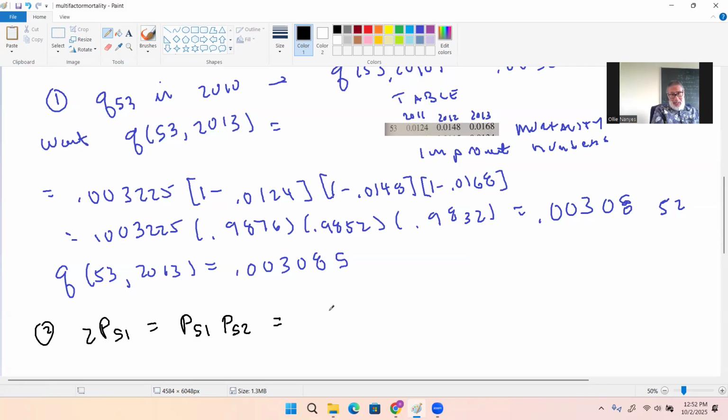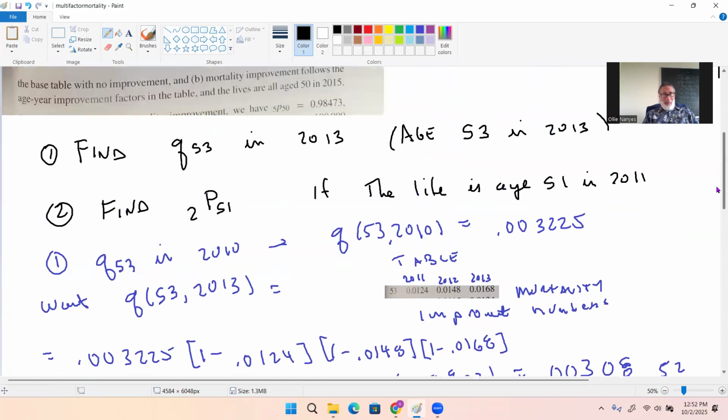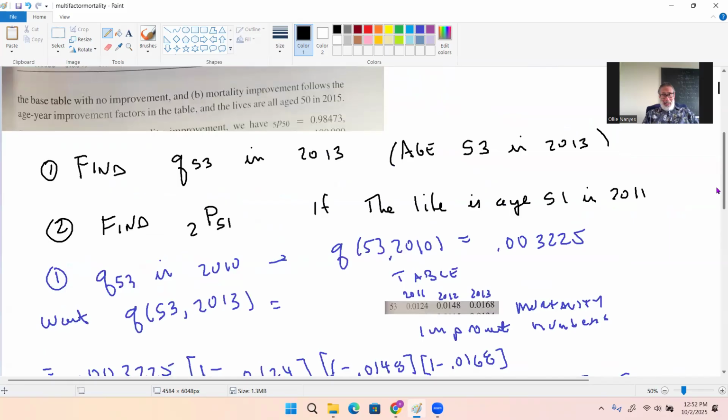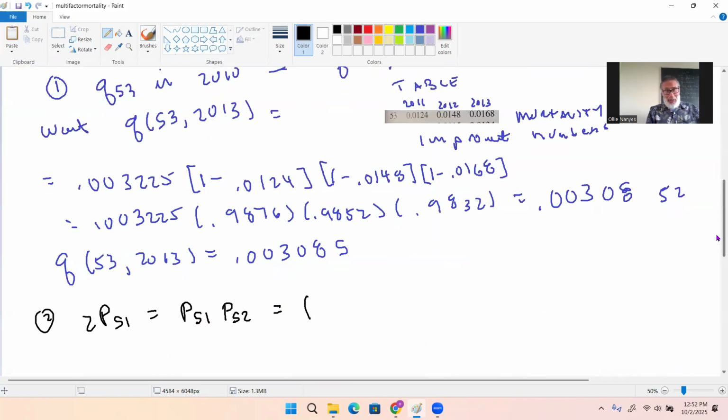In terms of mortality, the 51-year-old is 51 in 2011, so it's 1 minus Q 51 2011, and 1 minus Q for age 52, but now 2 years have passed, so it's 2012.